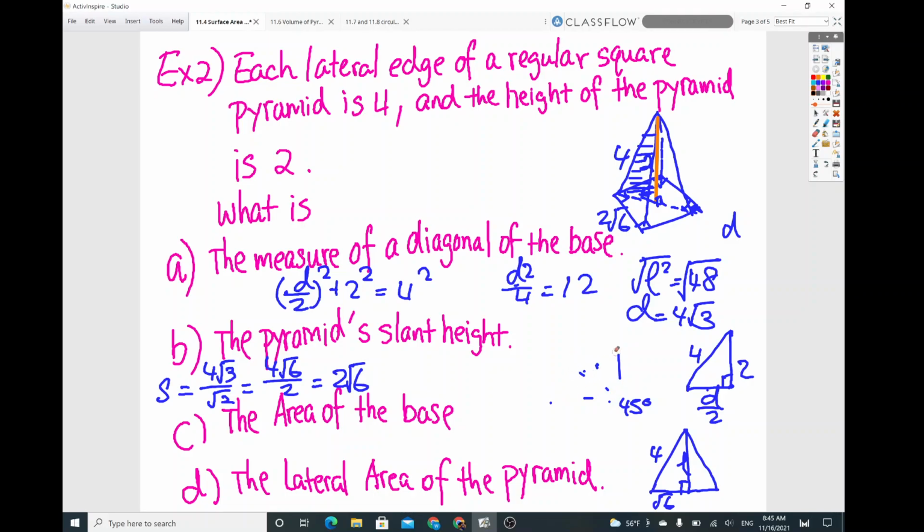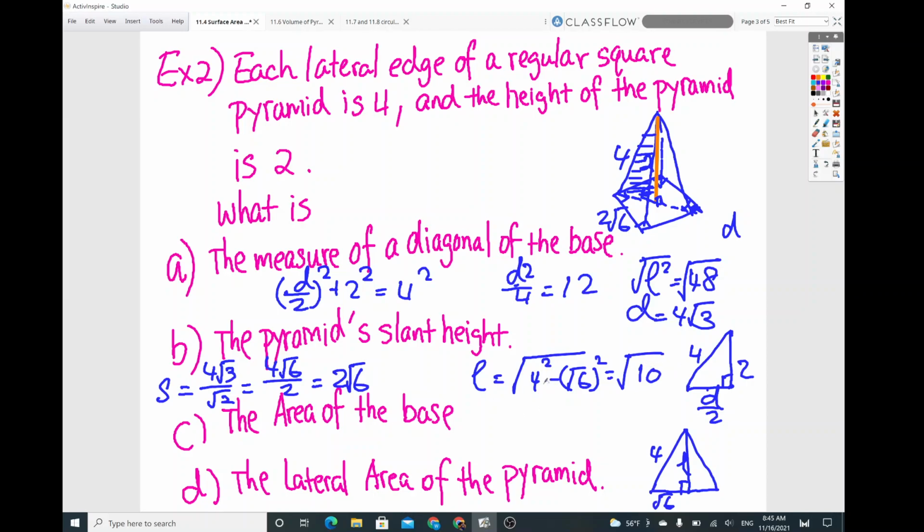There are a lot of cross-sectional areas, and they are all right triangles, so we're basically using those right triangles and the Pythagorean theorem to figure out the missing segment. So the slant height is the square root of 4² minus (root 6)², the square root of 16 minus 6, which is root 10. So the slant height is root 10.